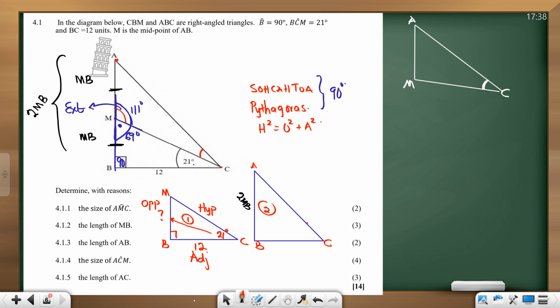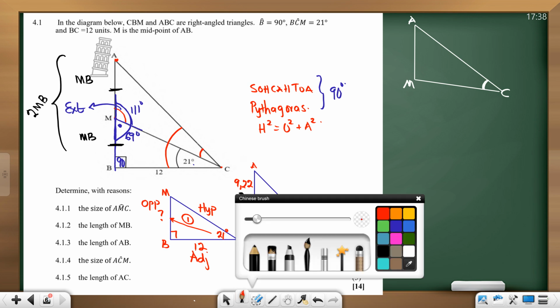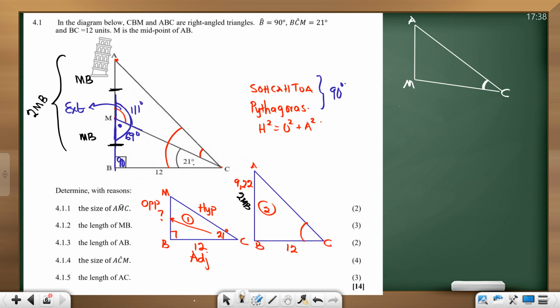But if I consider this whole triangle, this whole angle ABC, I already have this as 12, and I have this as 9.22, I think. Do you remember that? Which means I can get the whole of angle C, and whatever I get, I subtract 21 from it. I don't know if that makes sense. Let me know if that makes sense.